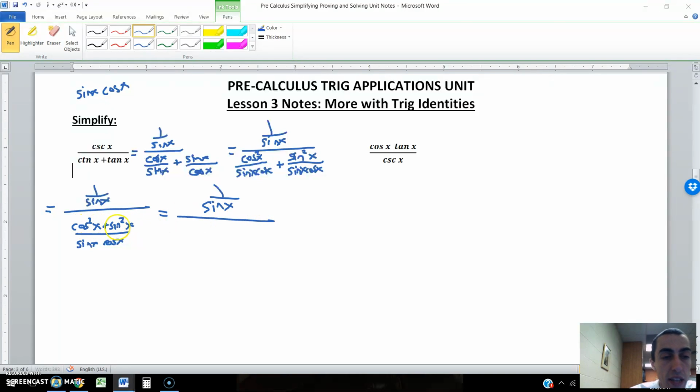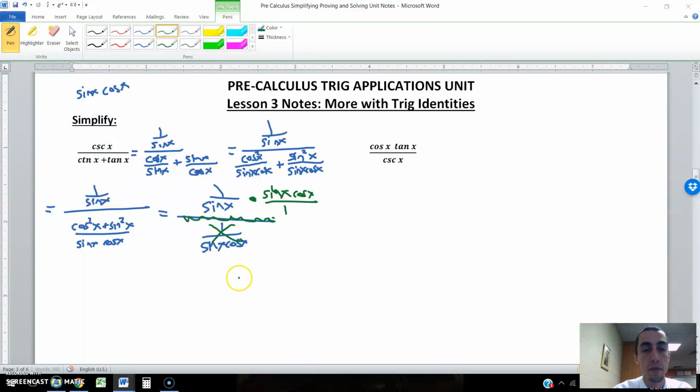Now, cosine squared of x plus sine squared of x, that's one of our Pythagorean identities. That equals 1 over sine cosine. Now I've got a fraction divided by a fraction. I'm going to keep the first fraction, change division to multiplication, and then flip the second fraction: sine of x, cosine of x, all over 1.